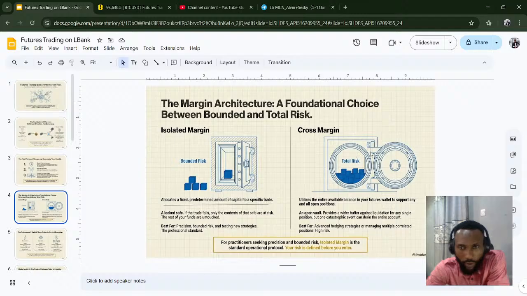Up next we're going to be talking about cross margin. Like it's written here, it utilizes the entire available balance in your futures wallet to support any and all open positions.